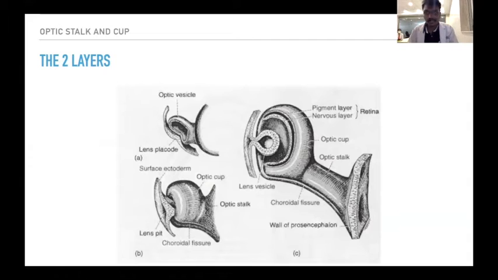Now these two layers are very important in the formation of retina. Why? The front layer forms the nervous layer, which is the neurosensory layer, and behind is the pigment layer, which forms the retinal pigment epithelium, located behind. Now this gives us a clear idea that there happens to be a small cleft between these two layers.